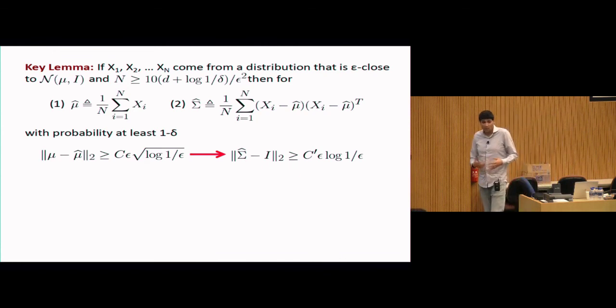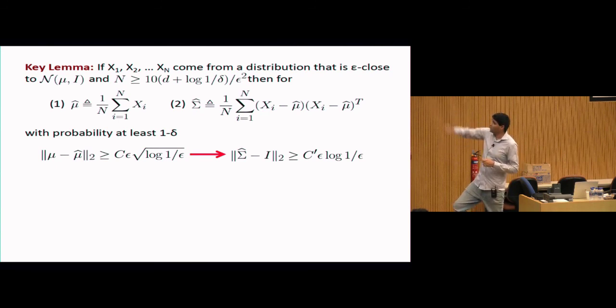This is the formal key technical lemma that's at the heart of it. I won't prove this, but I'll explain it. It's pretty easy to prove. If you take a bunch of samples from a distribution that's epsilon close in total variation distance to a spherical Gaussian, N of mu, I, then what you can prove is this: take the empirical mean mu hat and the empirical covariance sigma hat, where this is with respect to the empirical mean mu hat.